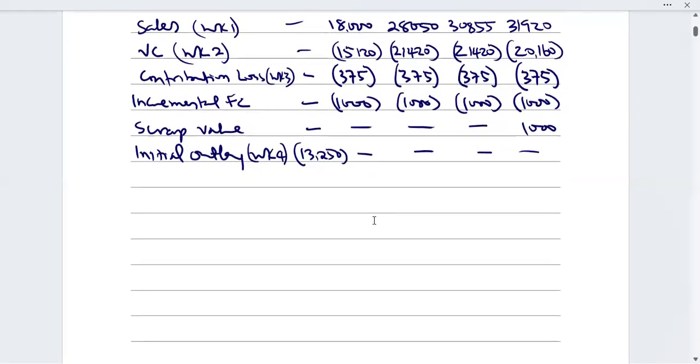Now, if you go back to the question, in the first paragraph we are told that the company is considering the introduction of a new product that has recently been developed at a cost of 2.5 million naira. So is the development cost of 2.5 million naira relevant or irrelevant? Irrelevant.